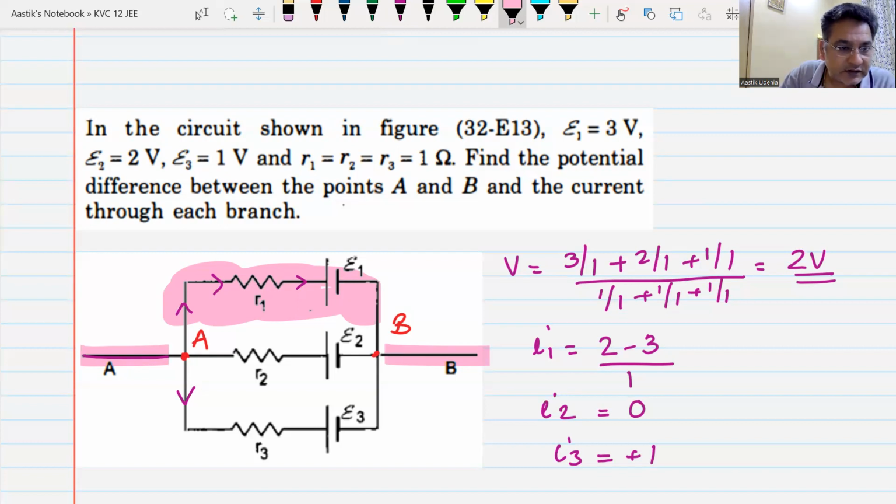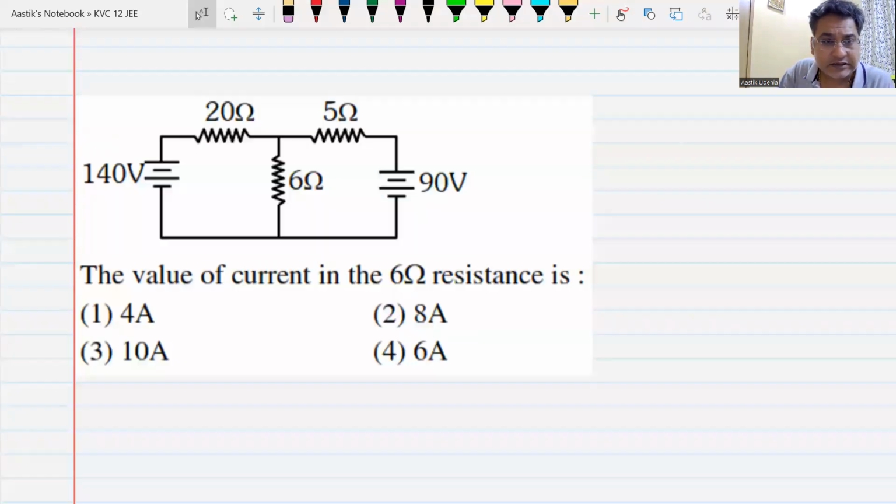Everyone got this answer. Now you can do this question. This is from your JEE Mains of 2021 or maybe 22. Anyways, it doesn't make any difference. If you understand the concept, you should be able to do this, and it is quite simple from where I see.